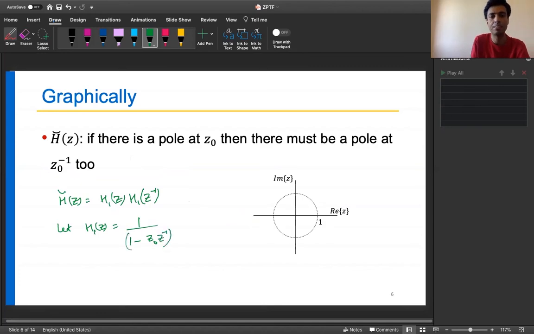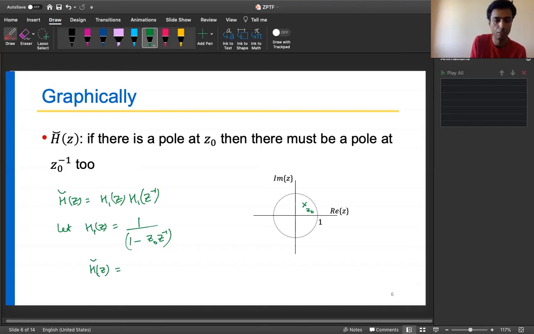This means it has a pole at z0. Let us say here we have z0, right? This is my pole. Pole is represented with a cross.